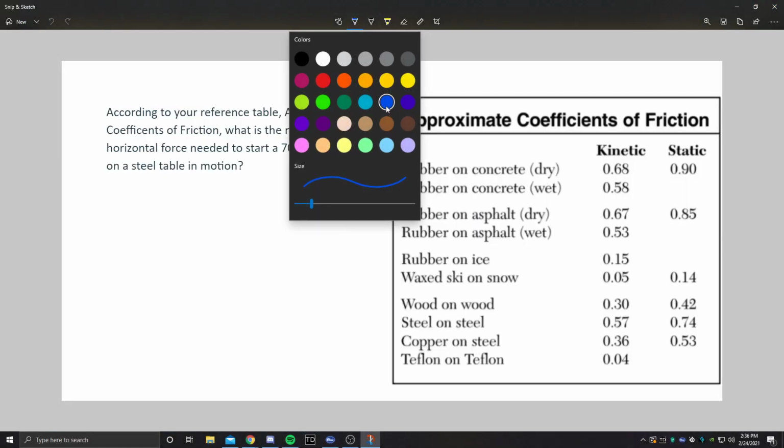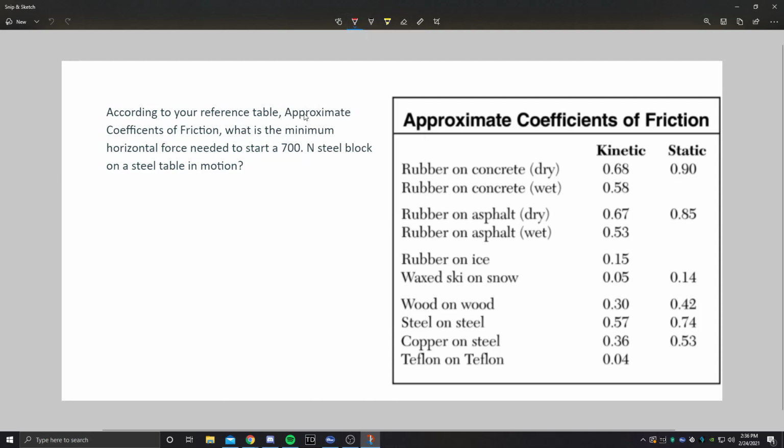Let's just do this real quick. What is the minimum horizontal force required to start a 700 newton steel block? So you know that the weight is 700 newtons. And so B, steel block on a steel table.